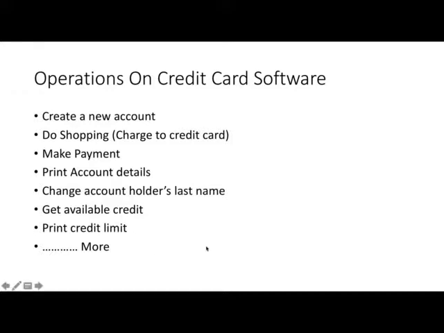Same thing, getting available credit simply, or printing credit limit simply prints a portion of the existing state of the credit card object, does not change it. In C programming, these two operations are not that well discerned or differentiated, but in more advanced object programming software like C++ or Java, yes, there will be a big difference between the two types of operations.